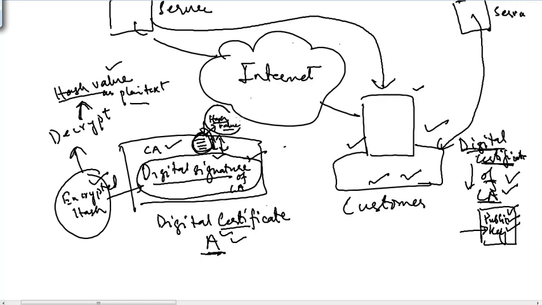Once it has its own hash value, it can compare that with the hash value that was just decrypted, right? If both of these match, that means that the digital certificate that was downloaded was genuine.